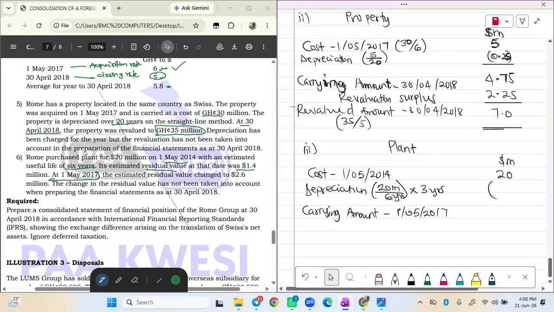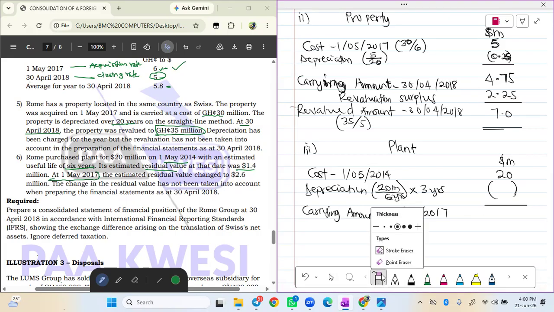So what will be the depreciation for those 3 years from 2014 to 17? 10 million. Is it exactly 10? Oh, we forgot something here.